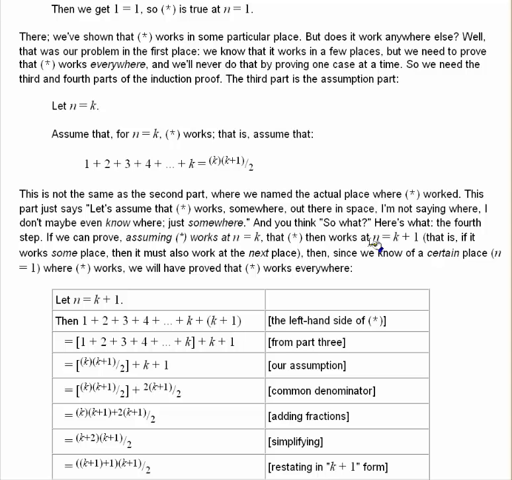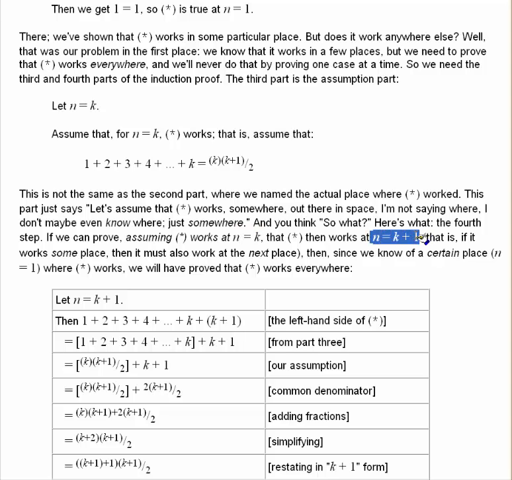Why is that? Well, if it works for n equals 1, and we can prove that n equals 1 implies n equals k plus 1, that means that n equals 1 will imply n equals 2. Once we have n equals 2, then assuming n equals 2, we have n equals 3.